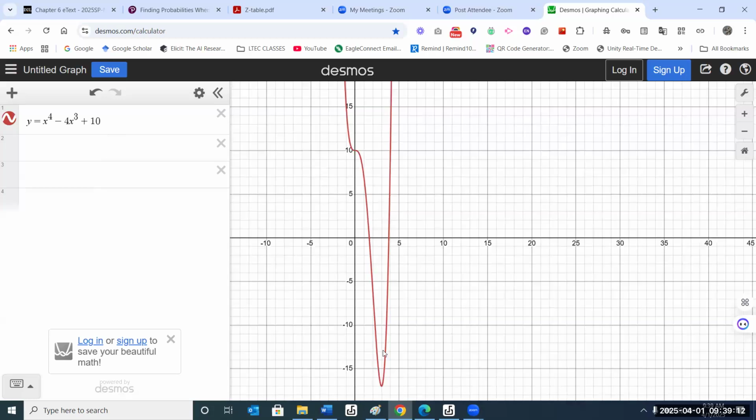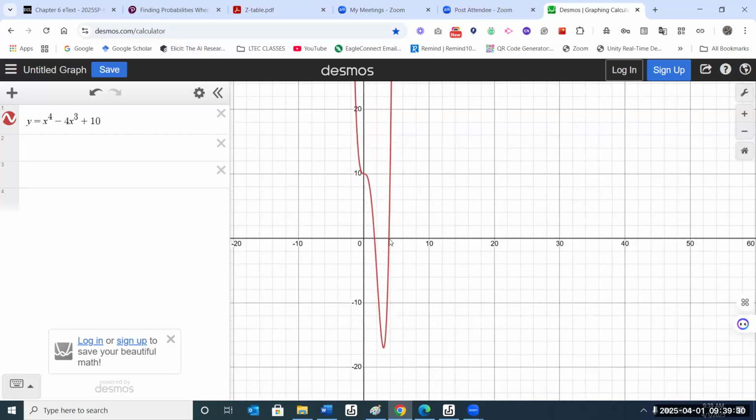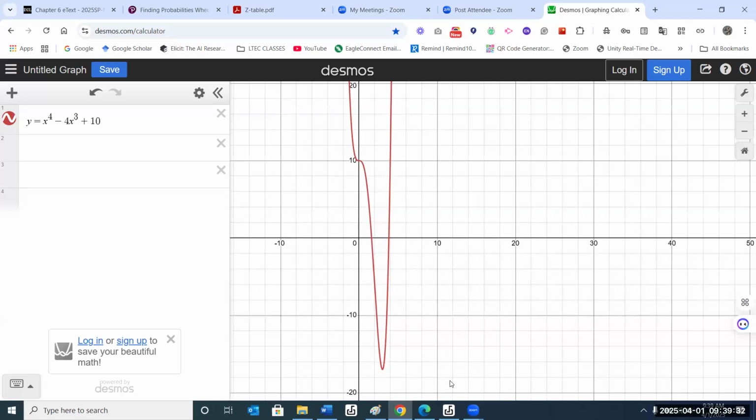Remember, we have a 0 there. We have the lowest point at negative 17 at 3. So it crosses between 1 and 2 and at pretty close to 4. So that's what the graph's going to look like. Again, we don't need calculators because we can do it on our papers.